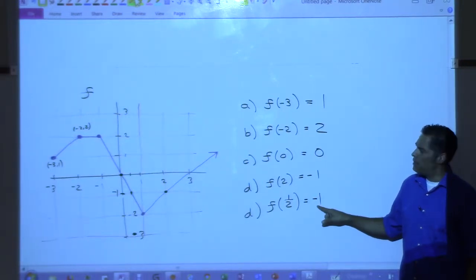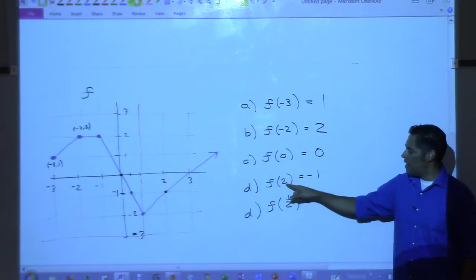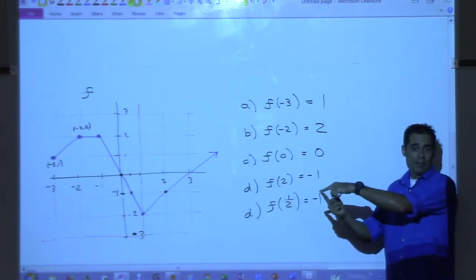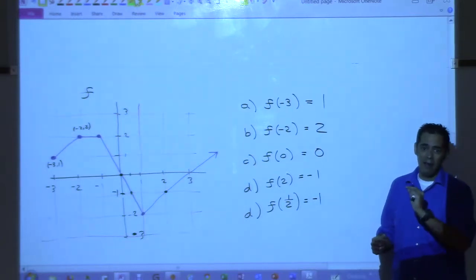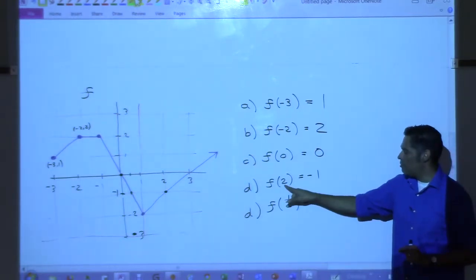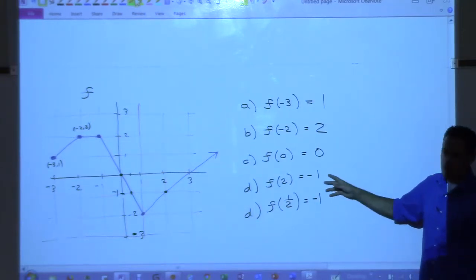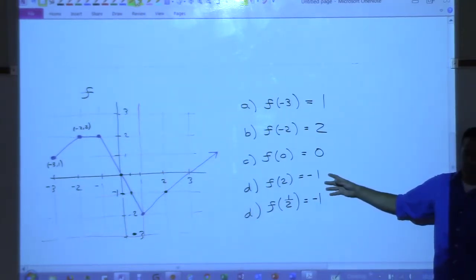I thought I said it was a function. Is it a function? I'm trying to trick you, Zeke. Is it okay that 2 and 1/2 go to the same place? Yes, that's okay. We just can't have 2 go to 2 different places. So just because this happens, we get the same answer. That's okay.